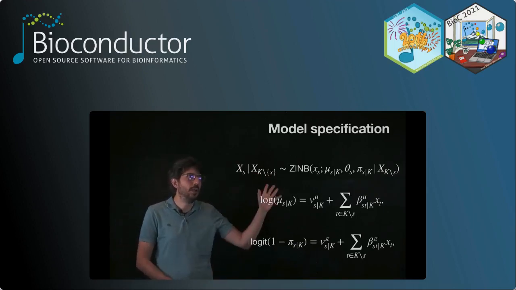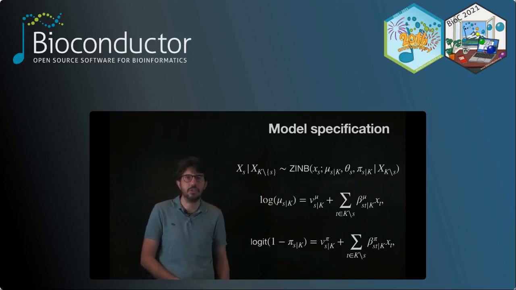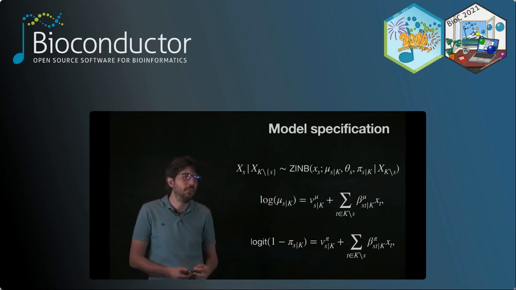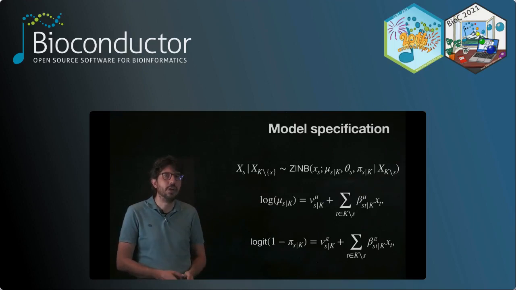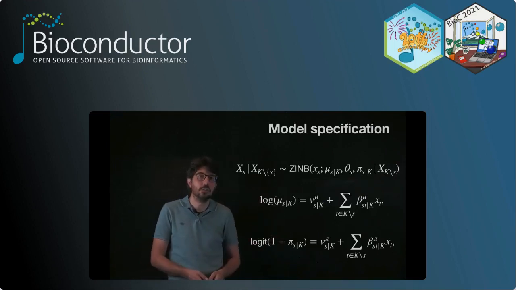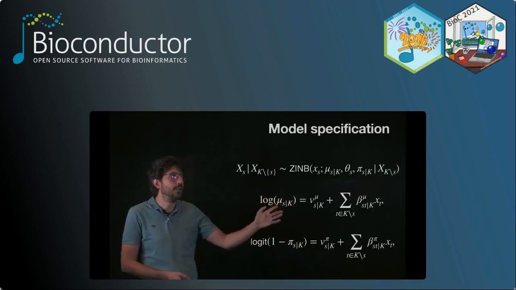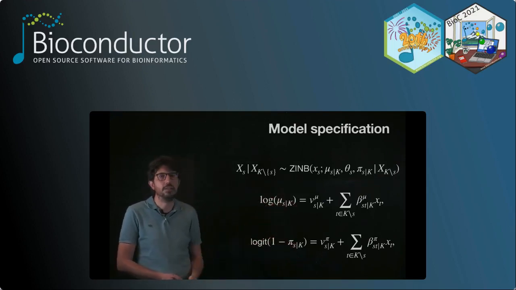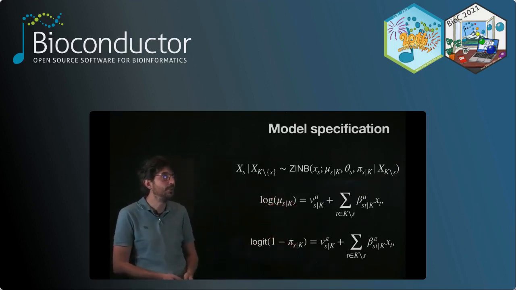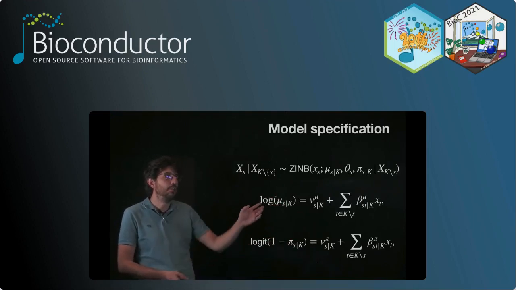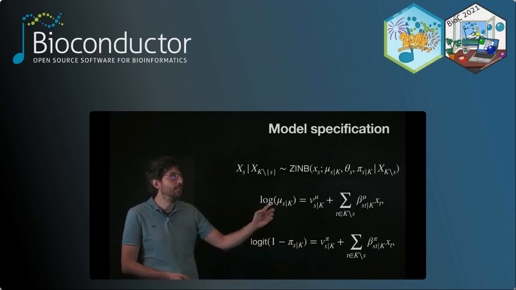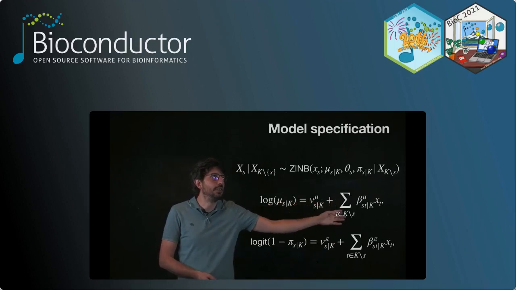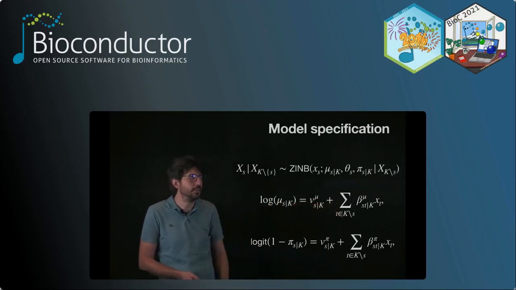And once we have this node conditional distribution, the problem of estimating the graph is essentially a regression problem, in which both the mean and the zero inflation parameter of our distribution for gene S depend on all the other genes in a certain neighborhood of S in the graph.